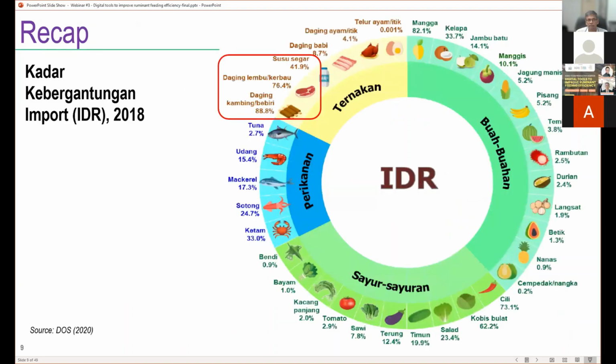So and macam saya sebut tadi, the last time we import almost about 76% beef, 88% goat and sheep meat, and almost 40% milk. This milk is coming down with a lot of initiative by the government. So my estimation dalam maybe another 5 years we can reach almost 100% fresh milk. Kalau everything goes as planned.